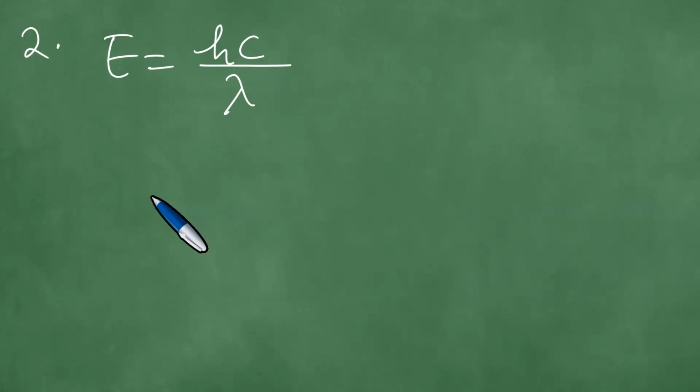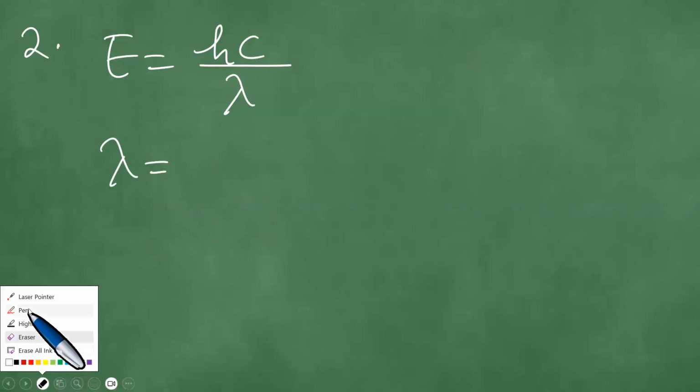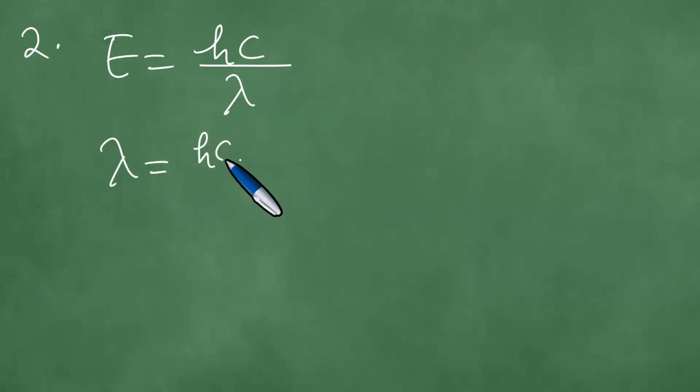H times C over E. The lambda goes over there and the E goes there, so it becomes HC over E.